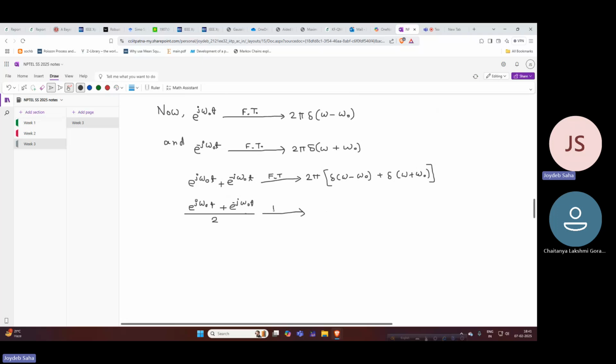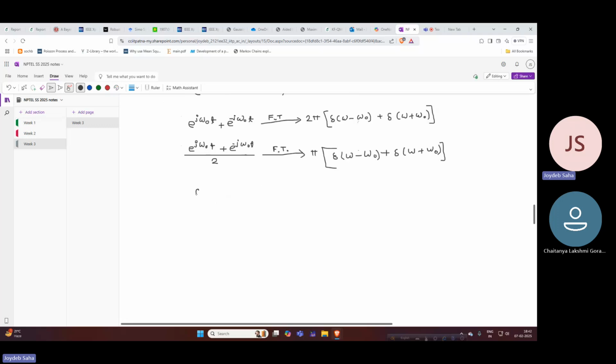Its Fourier transform is pi multiplied with delta omega minus omega 0 plus delta omega plus omega 0, and this is nothing but cos omega 0 t.